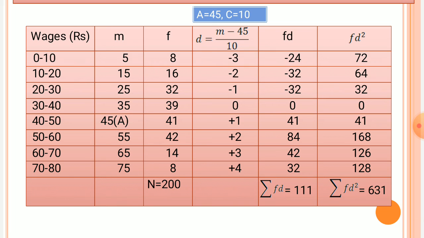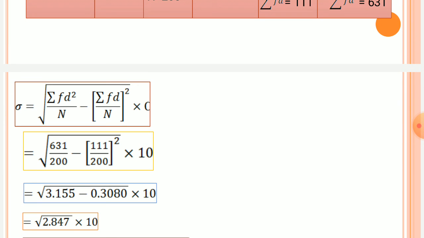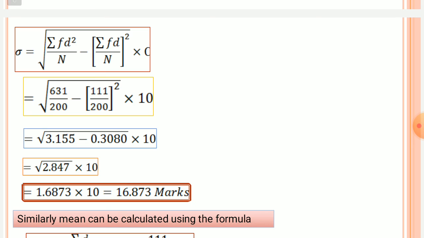And then adding these values, sigma fd square is equal to 631 and sigma fd is equal to 111 and total frequency 200. So with this table we have to calculate sigma, standard deviation, and arithmetic mean. Standard deviation is equal to root of sigma fd square by n minus sigma fd by n whole square into c.